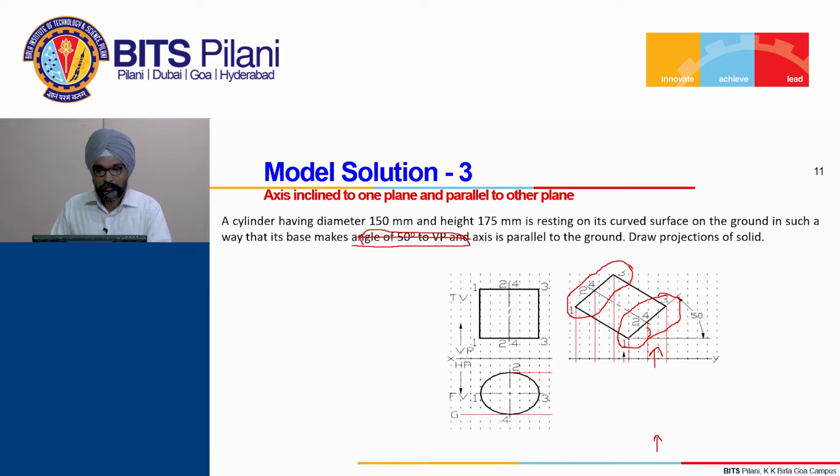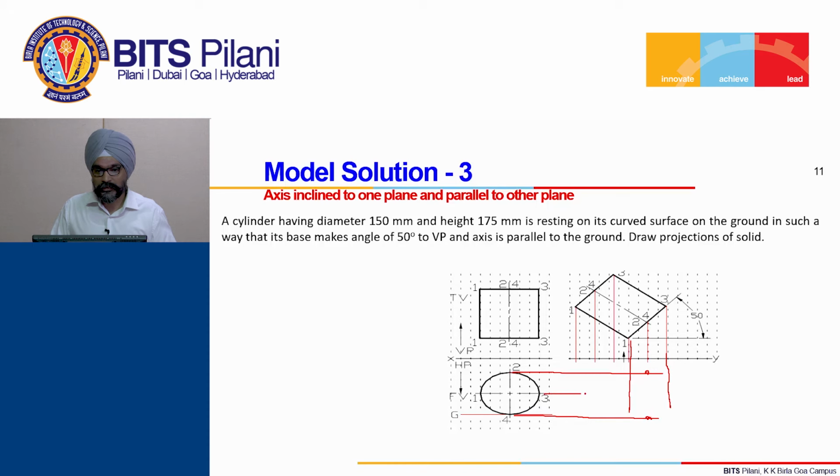Whose minor axis will be given by this one, and whose major axis will be equal to the diameter of the cylinder. These 2 points give you the major axis, and these 2 points, this one and this one, give you the minor axis, and here you can fit the ellipse.